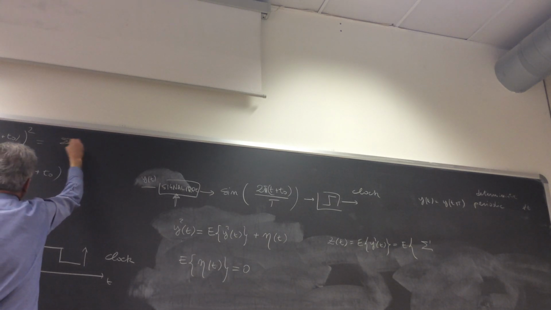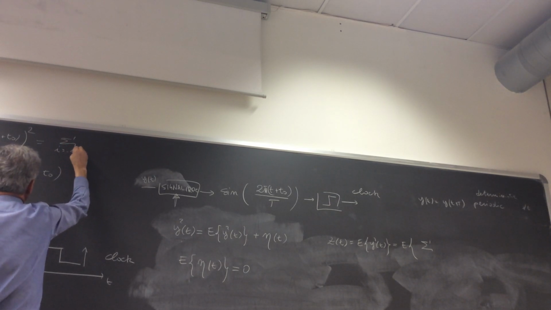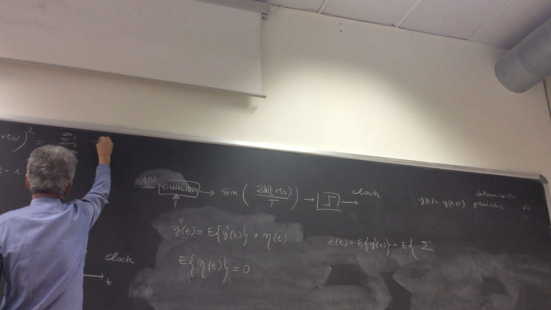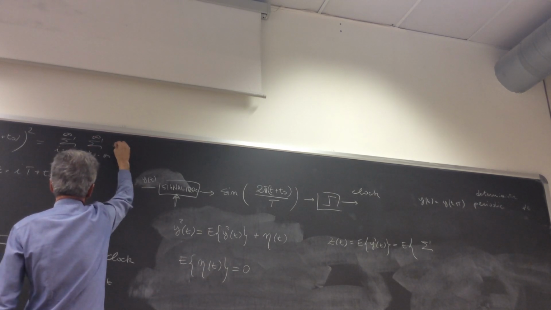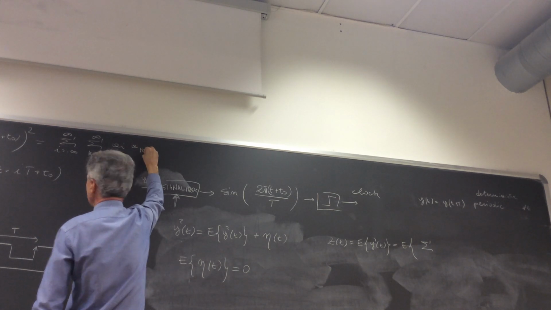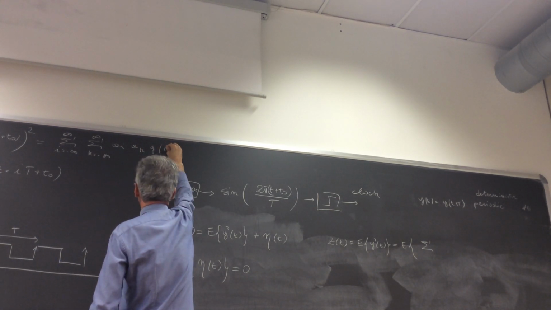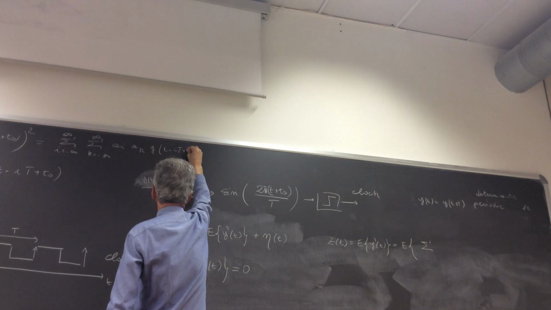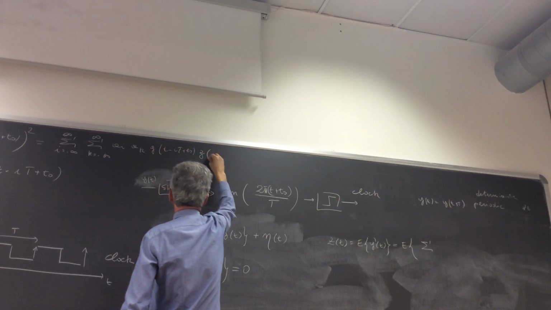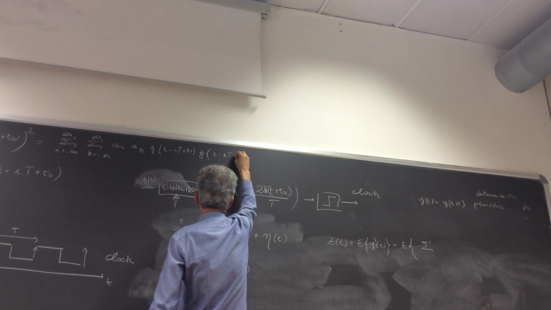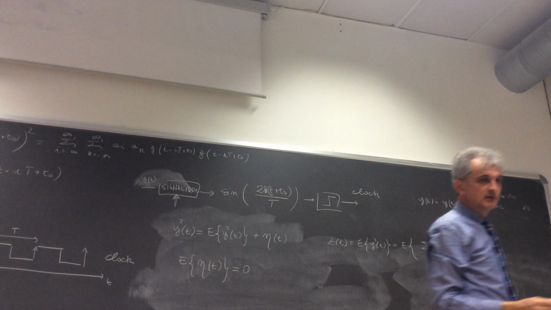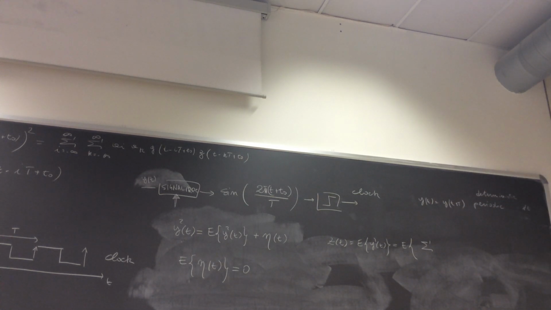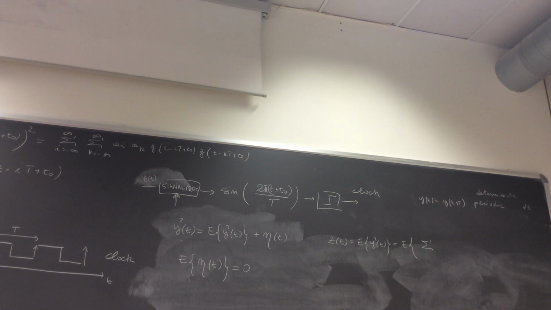So this is sum over i, sum over k, a_i, a_k, g with the i, and g with the k. Okay? You can check this. It's easy to check. It is the sum of a sum.